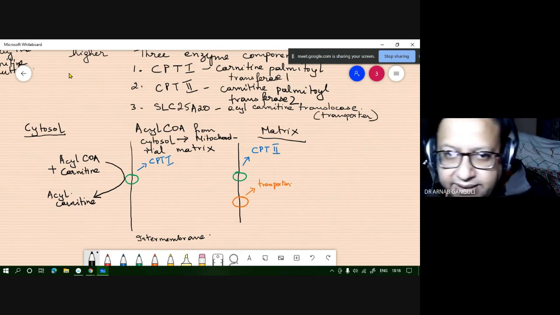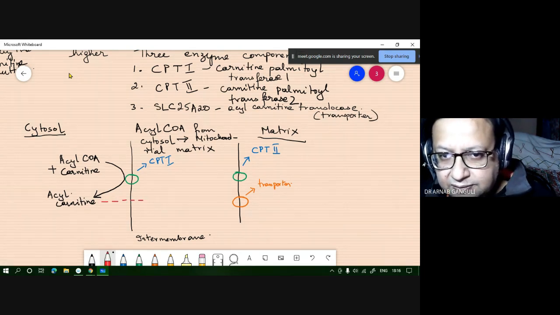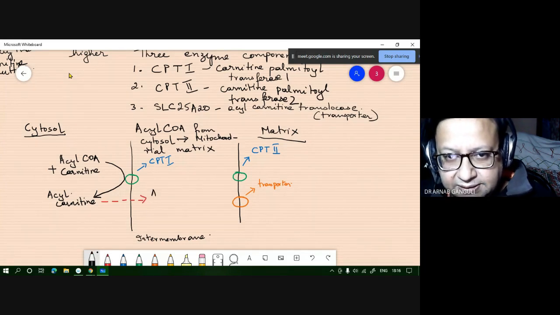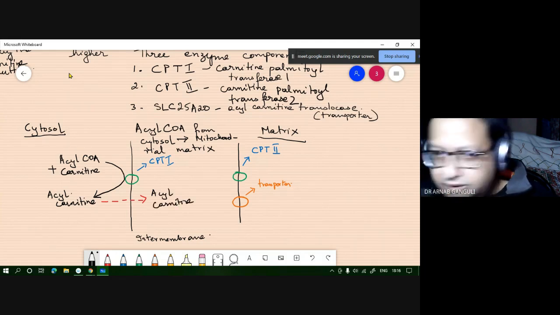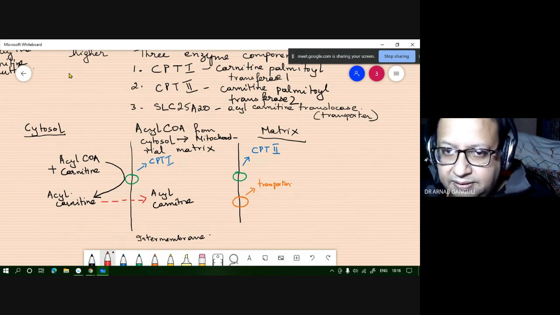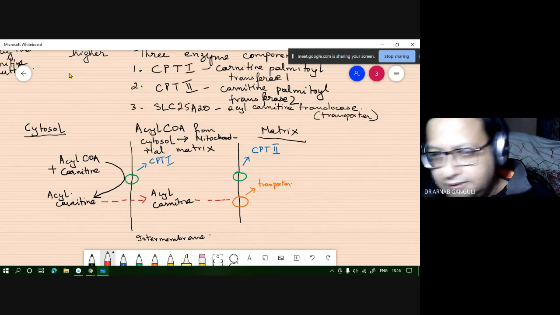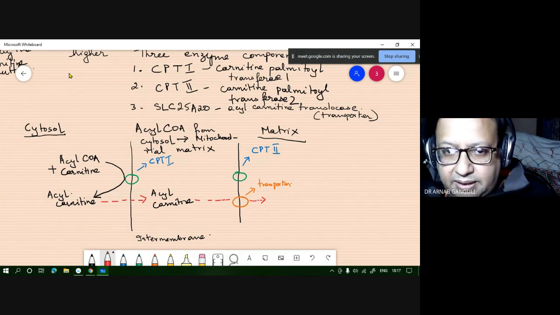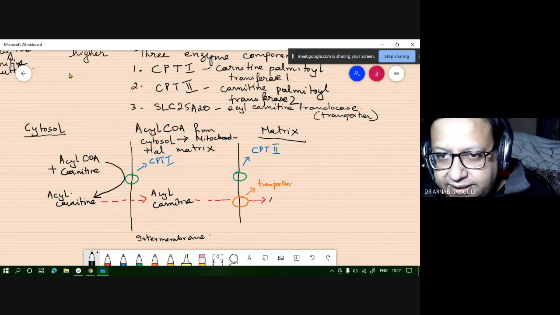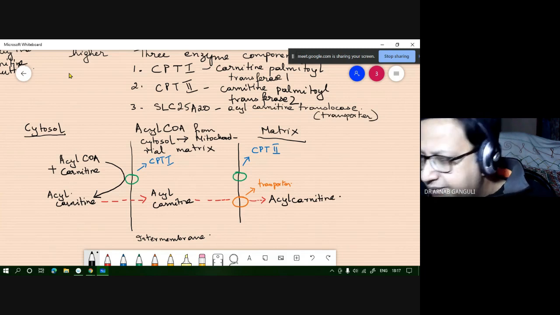And now this makes it easy, the acyl carnitine gets inside. And this translocase moves acyl carnitine inside the mitochondrial membrane.